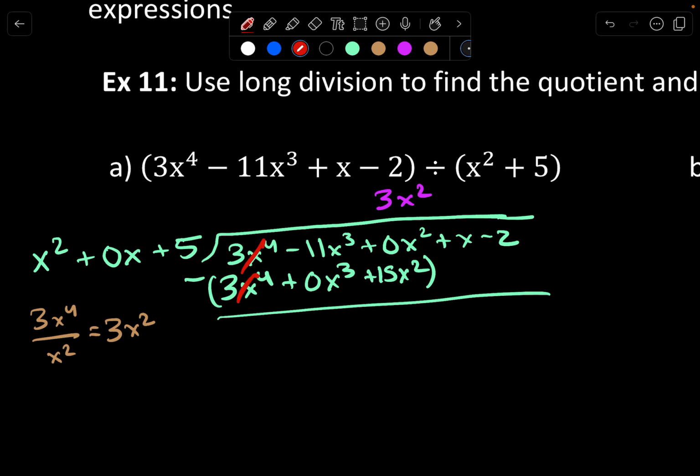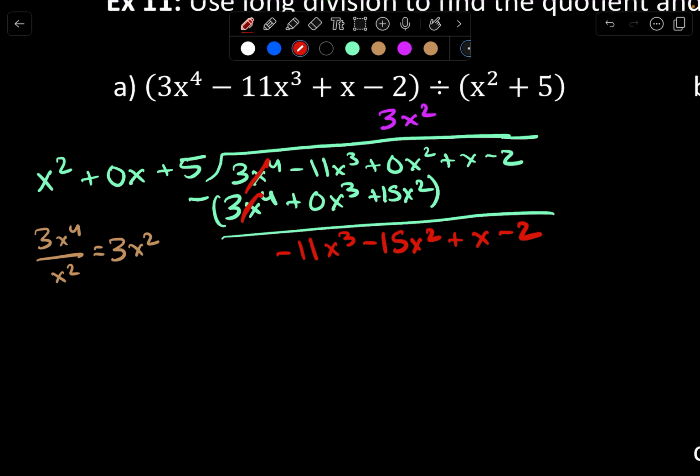We have negative 11x cubed minus 0x cubed, and then 0x squared minus 15x squared. Then we bring down the x and the 2, and continue this process. Now we have negative 11x cubed divided by x squared, and we end up with negative 11x.